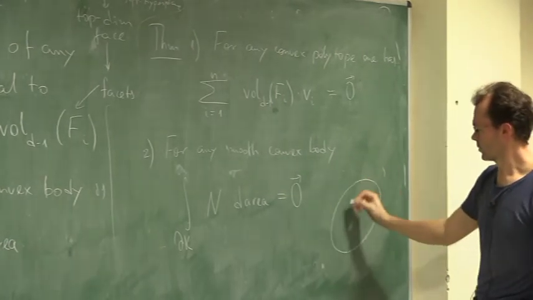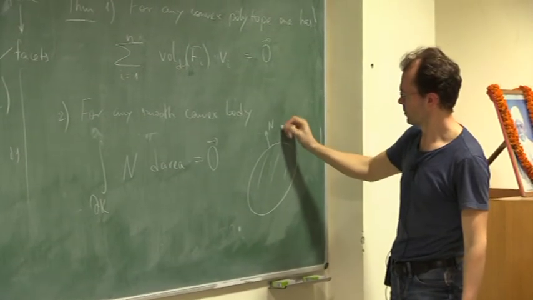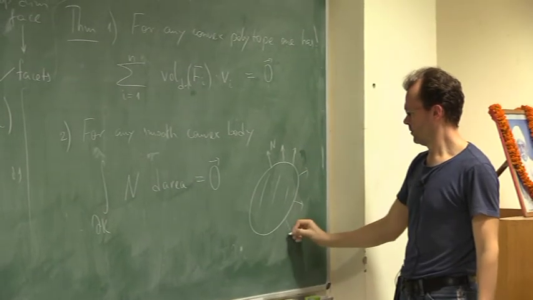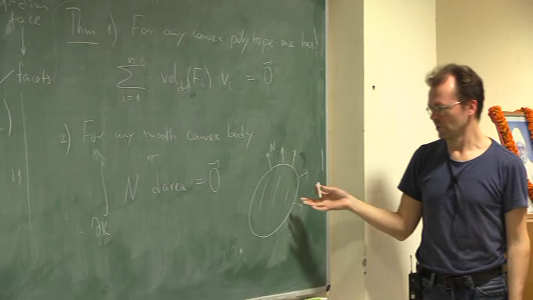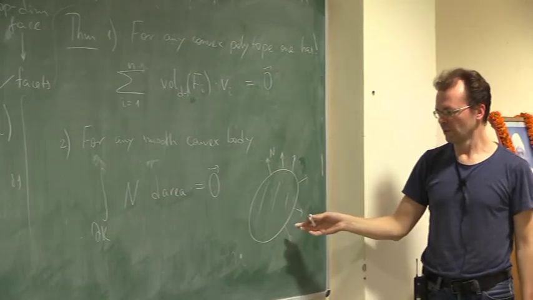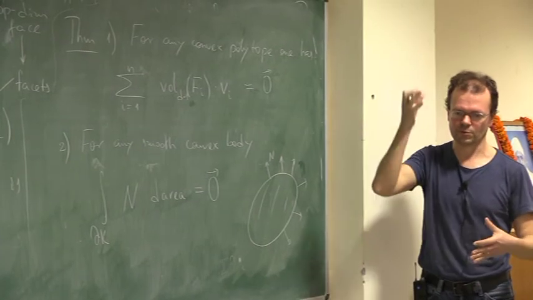So if I take any convex body, take the unit normal vector field and integrate it, then the integral is 0. And actually there is a physical proof, because if this is a balloon filled with air, and not a hot air balloon, because a hot air balloon will fly.